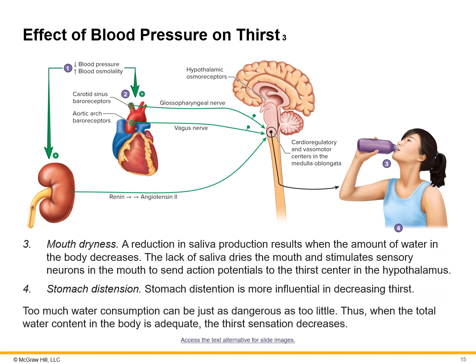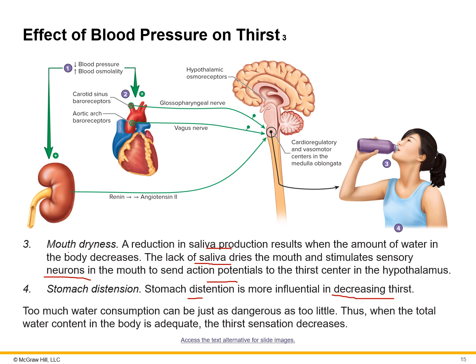With mouth dryness, a reduction in saliva production means the amount of water is decreasing. The lack of saliva dries the mouth, which stimulates sensory neurons. They send action potentials and activate that thirst center. And then finally, stomach distension is more influential in actually decreasing thirst.